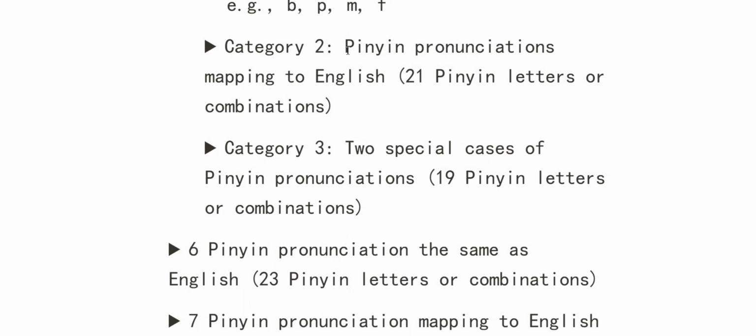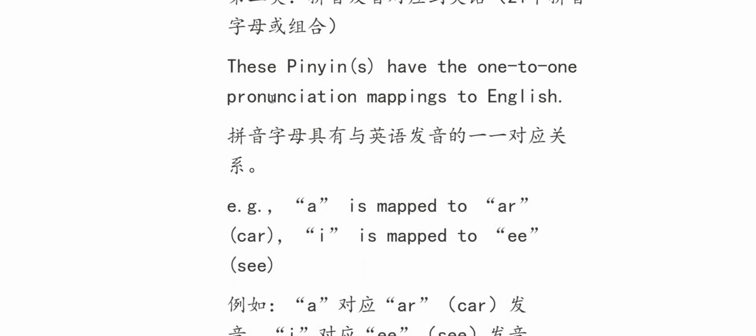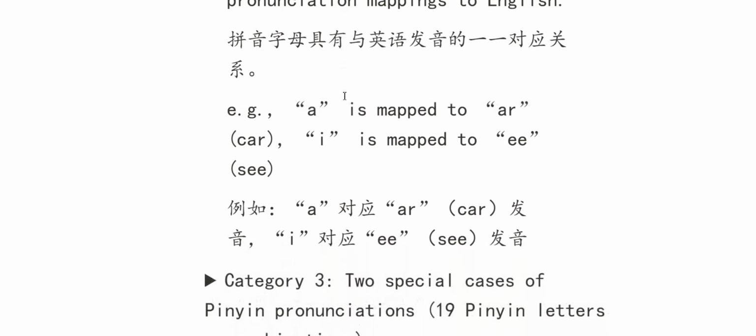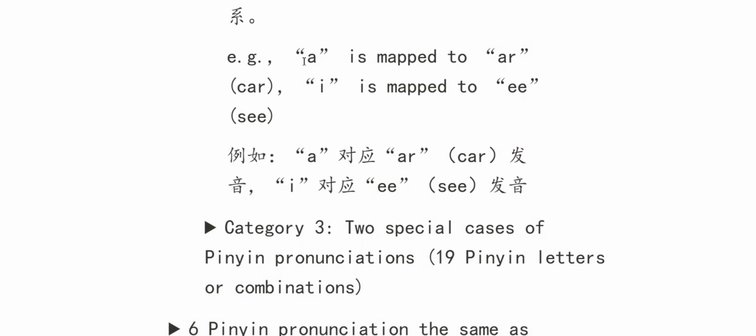Category 2, Pinyin pronunciations mapping to English. There are 21 Pinyin letters or combinations. These Pinyin have the one-to-one pronunciation mappings to English. For example, the letter A is mapped to AR in car.